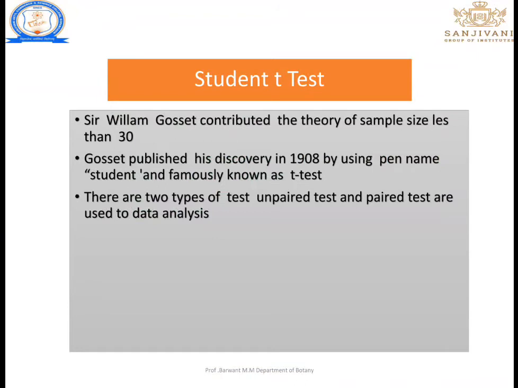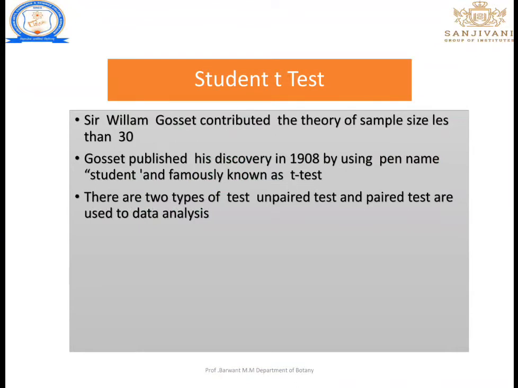Gosset published his discovery in 1908 using the pen name Student, and it is famously known as the t-test.